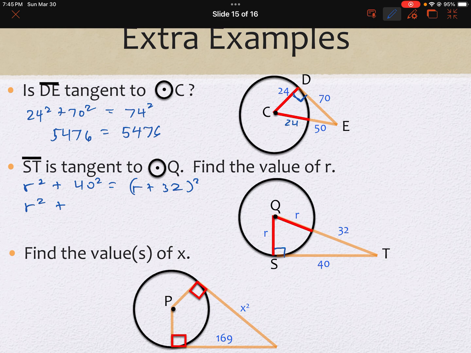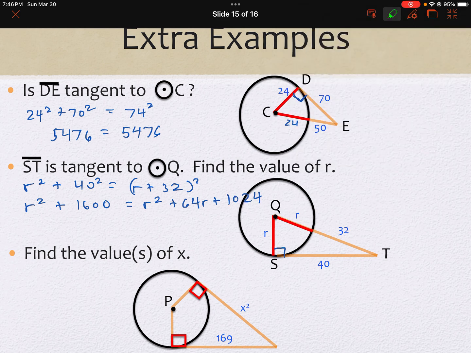Okay, we'll simplify. What is 32 squared? Yeah, I don't know that one. It's 1024. So we have to solve this equation for R.